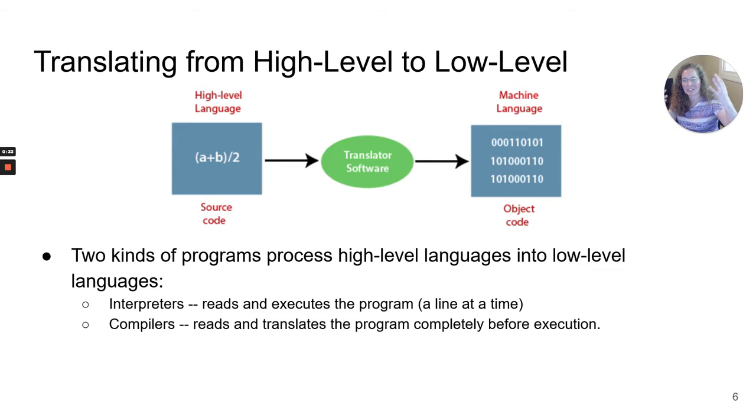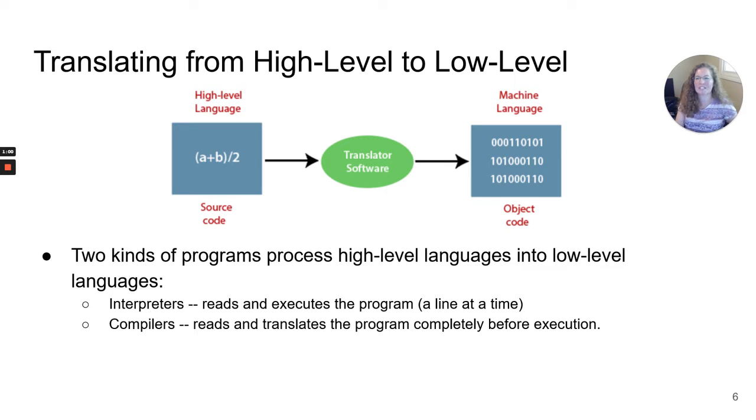Suppose I speak English and another person speaks Russian, and I don't speak Russian and they don't speak English. What we need is an interpreter or a translator, something that will go in between us and translate or interpret from my language into the other person's language so that we can communicate with one another.